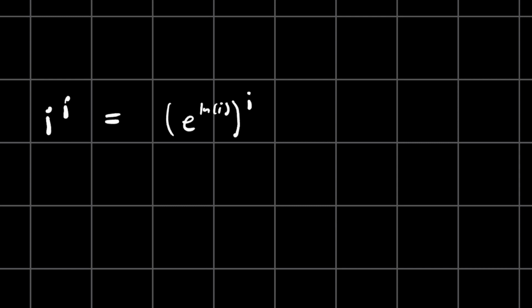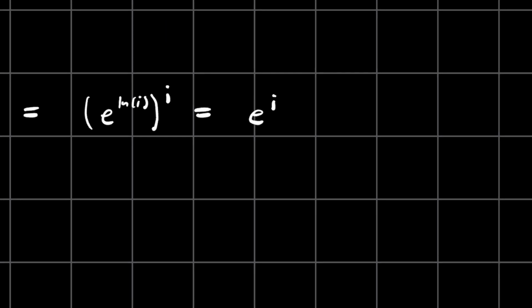That's something we can do. However, now we can simply say e to the i to the ln of i. However, we really don't know what ln of i actually means, and that's when we get to issues.